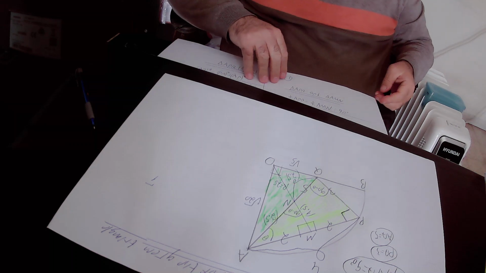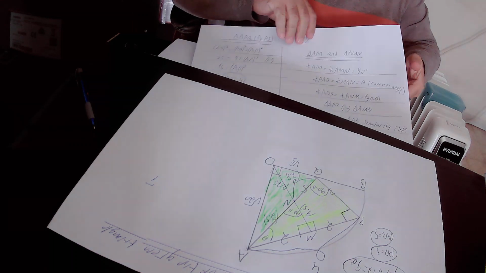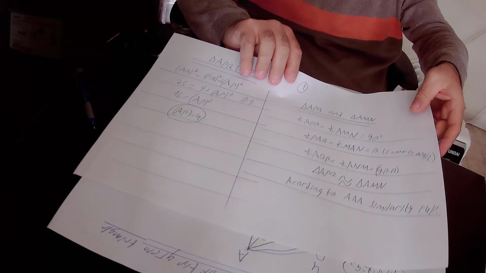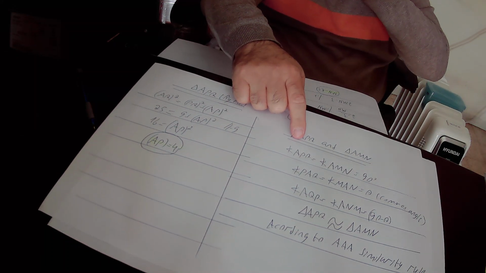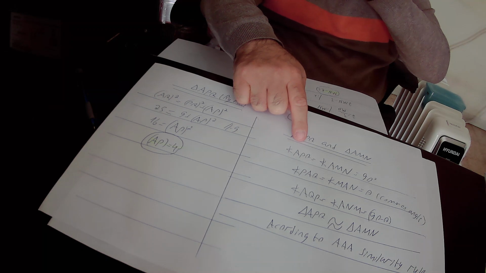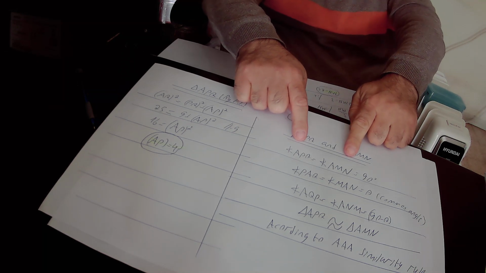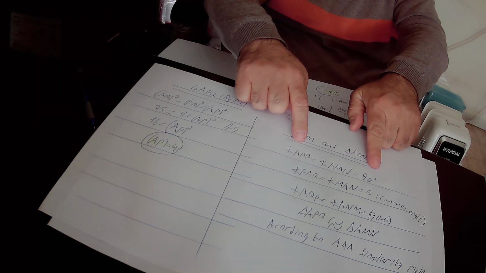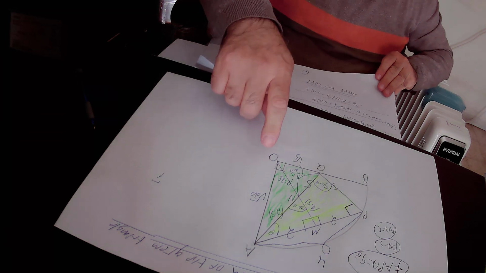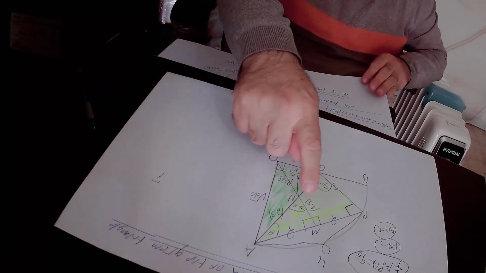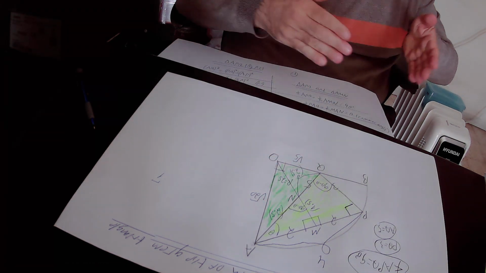I'll repeat again. Angle APQ in the big triangle is equal to angle AMN in the small triangle. They are both equal to 90 degrees, therefore they are equal to each other. In addition, angle theta is a common angle that belongs to both triangles, therefore angle theta equals itself.